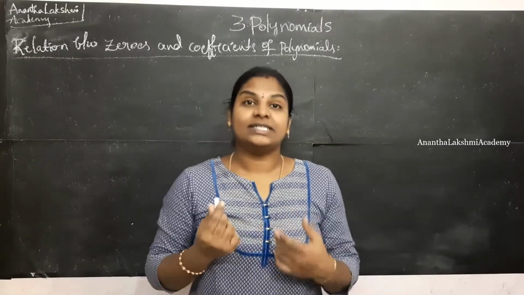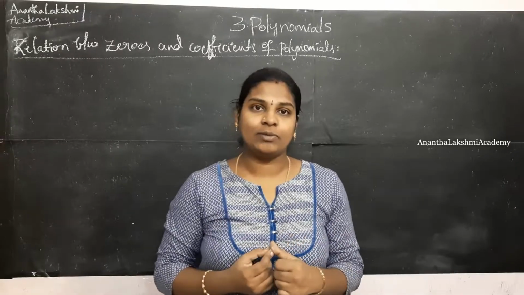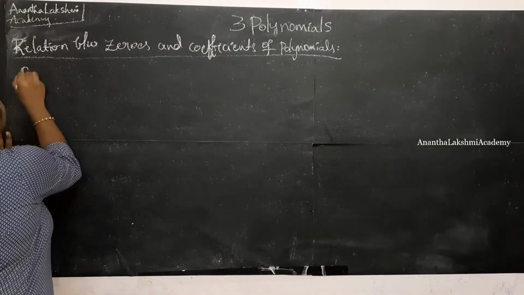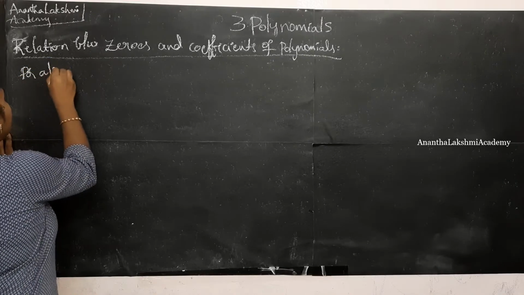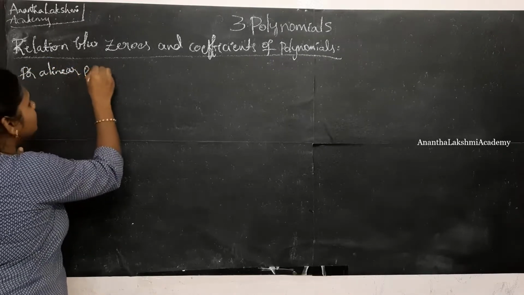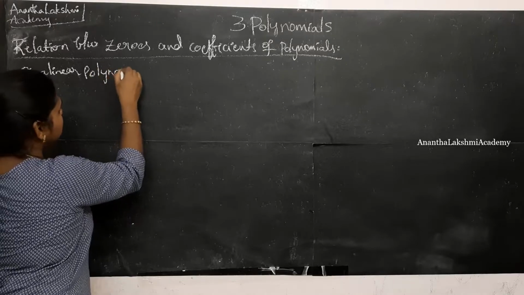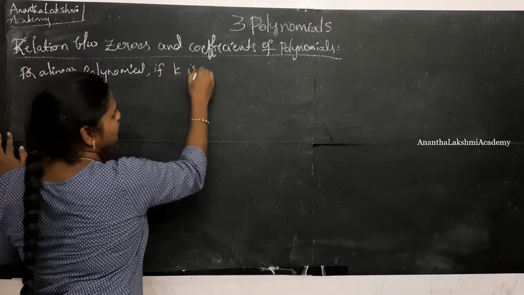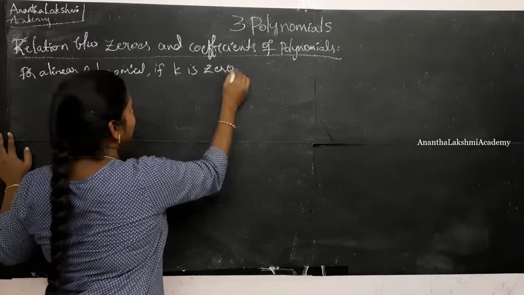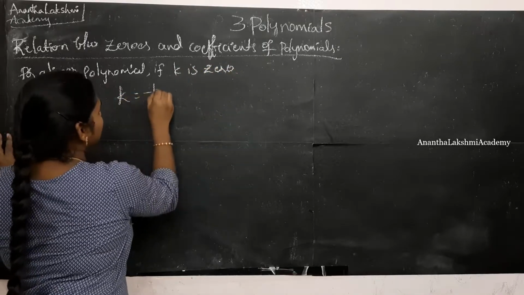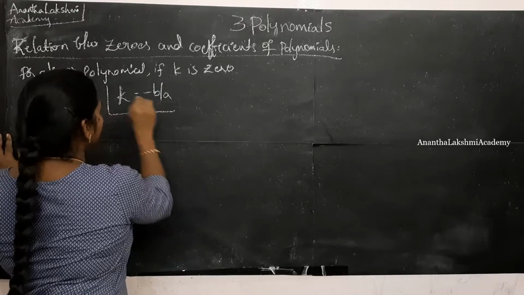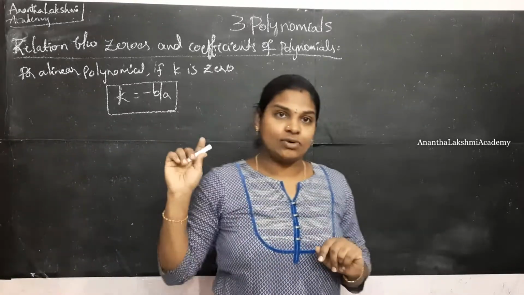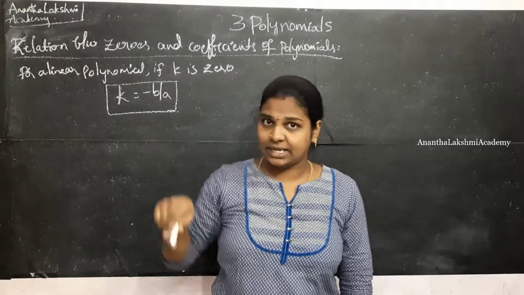What is the zero of a linear polynomial? What we figured out is, if k is the zero of it, then k is equal to minus b by a. This is what we solved in the earlier video.